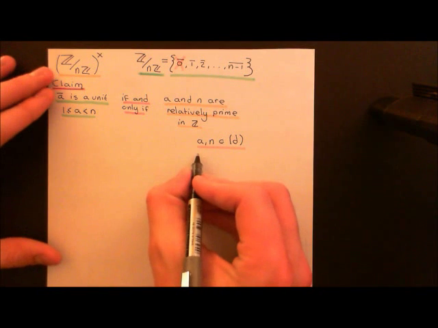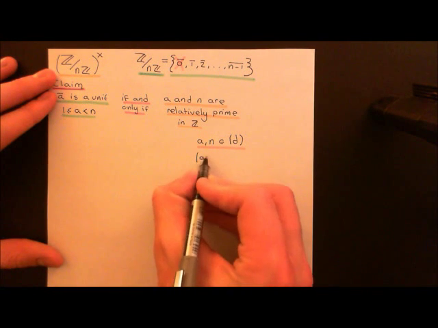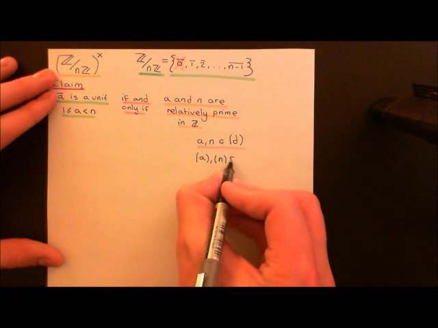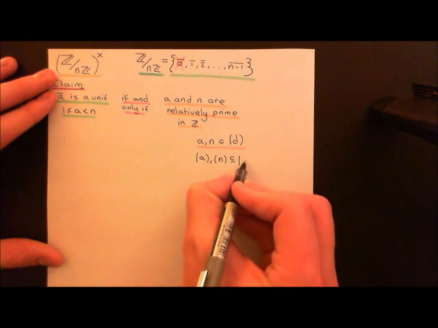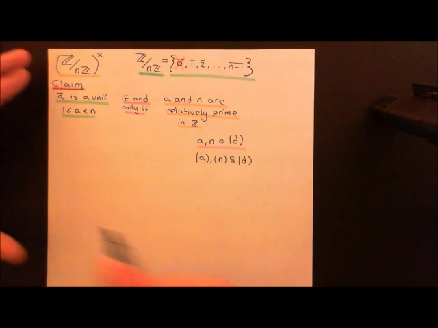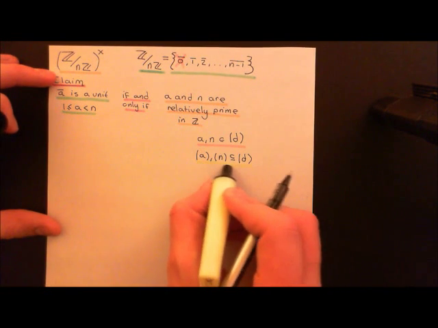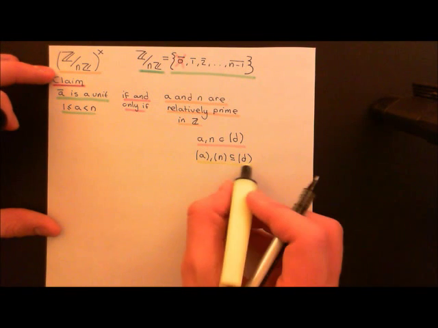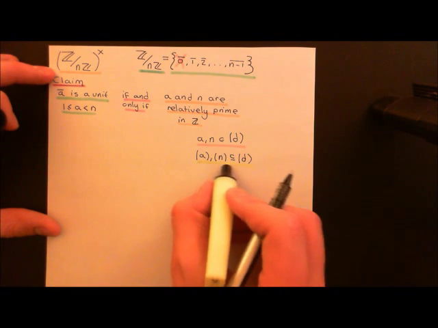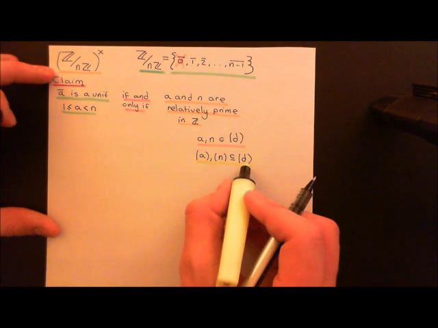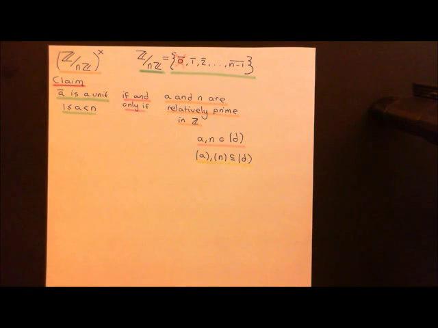So what we can say, in fact, is that the entire ideal generated by A and the entire ideal generated by N must be contained within the ideal generated by a common divisor. Okay, so this is the way in terms of ideals that you can state that D is a common divisor of A and N, that the principal ideal generated by A and the principal ideal generated by N are both contained within the principal ideal generated by D.